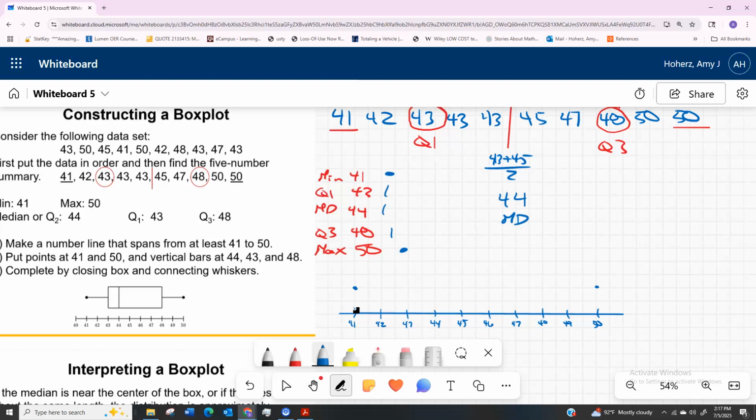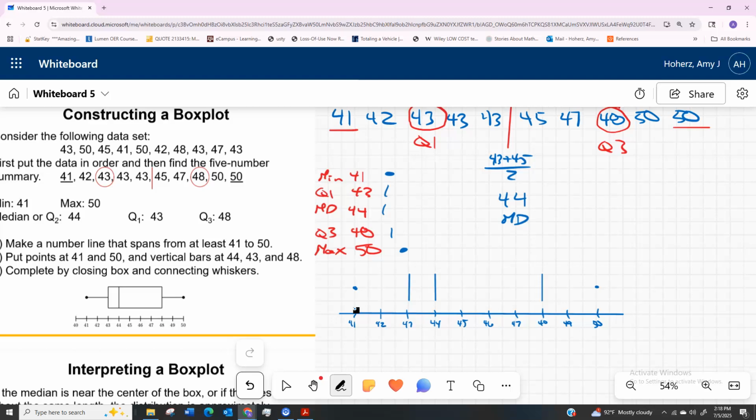So we're going to put a bar at 43, a bar at 44, and a bar at 48.